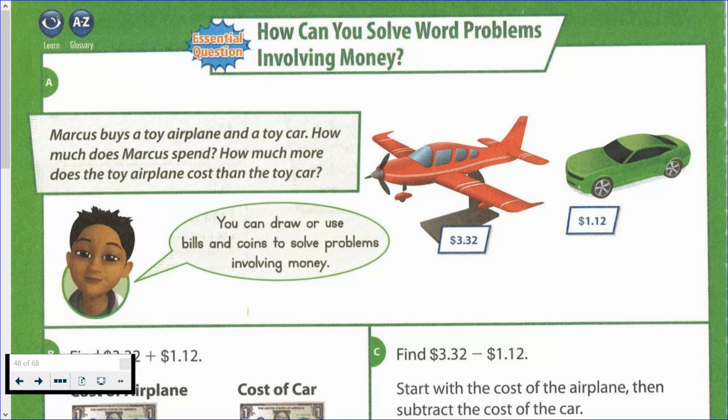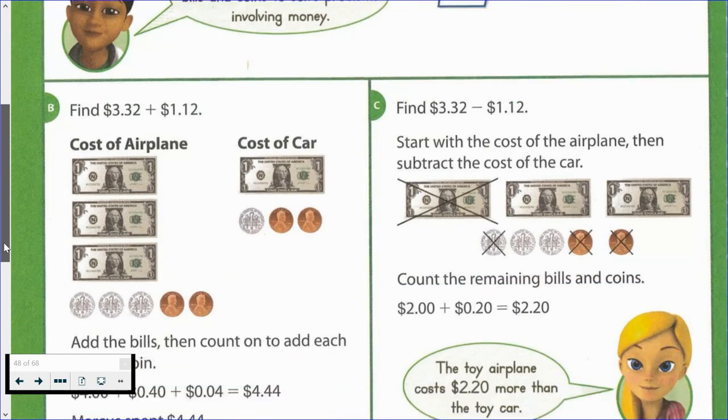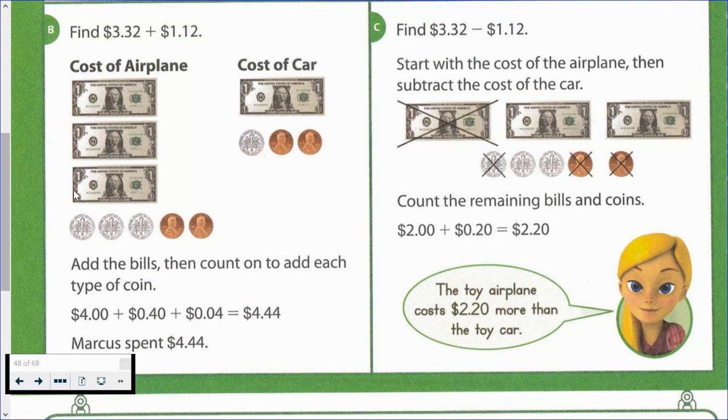So here's the cost of the airplane. Here's the cost of the car. So you'll see your visual learning page is showing you what that would look like with actual dollars and cents. Okay. They're showing you the addition equation here and what the total amount would be.